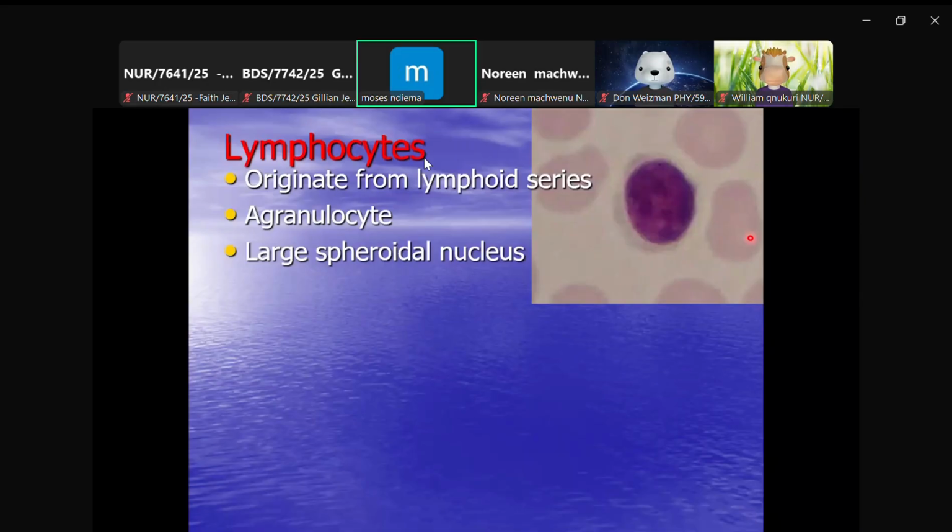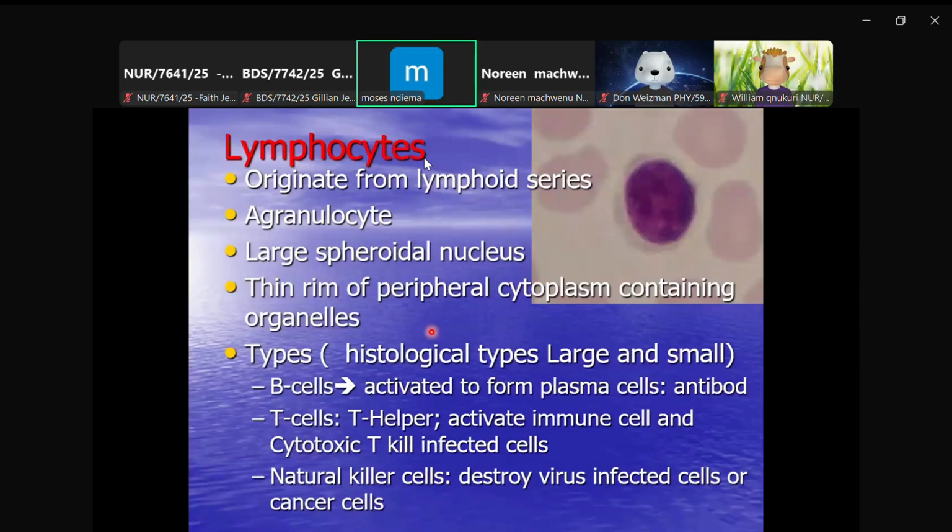Basophils will be there also to increase blood flow to the region so that you can have more of the antibodies, more of the B cells, more of the clotting factors, and also the platelets sent to the region to try, for example, to patch up the vessel that has been damaged. So that is what we can say about inflammation.